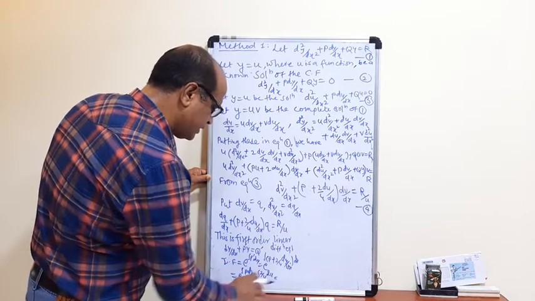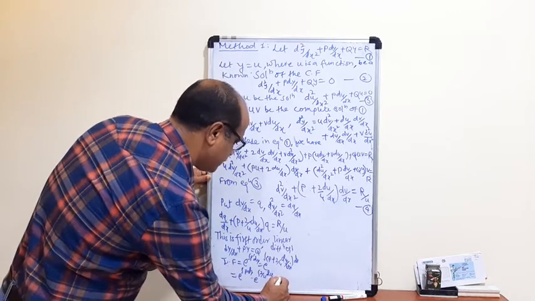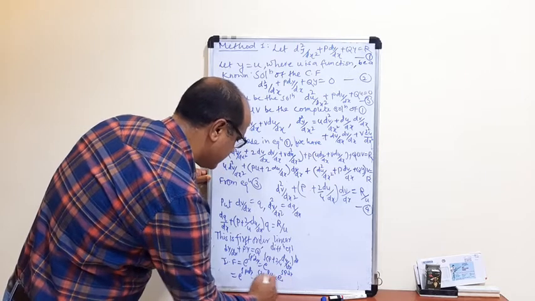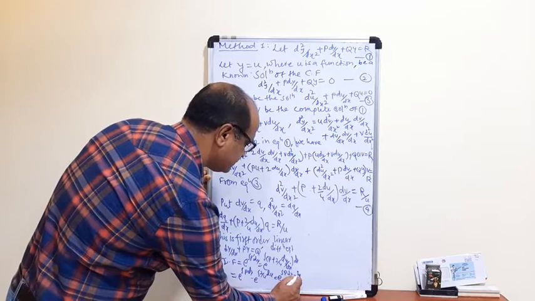So e raised to integration of p dx, and the integration of 2 upon u du is e raised to 2 log u.